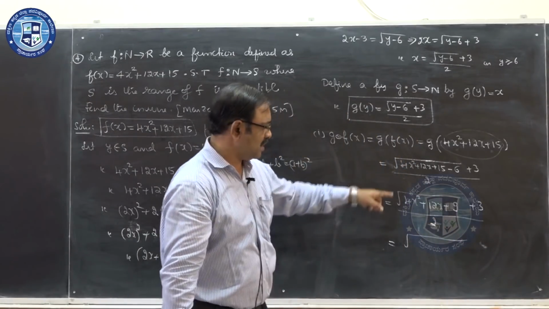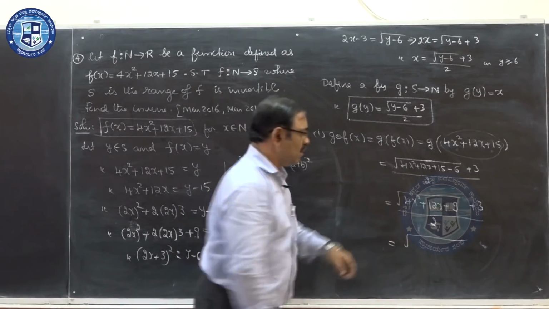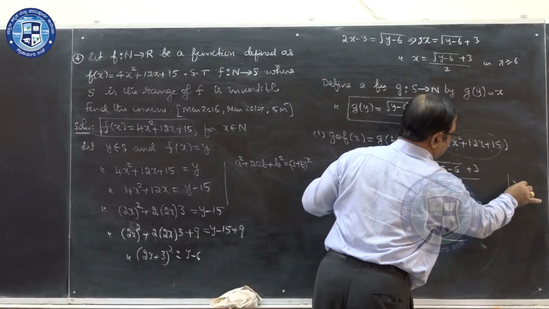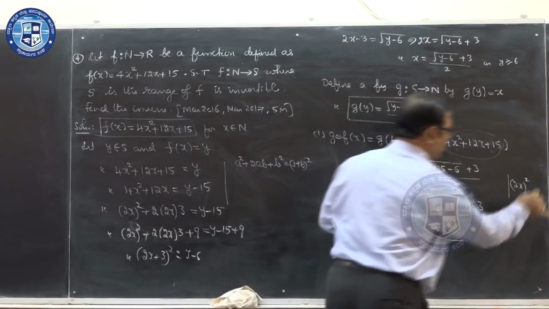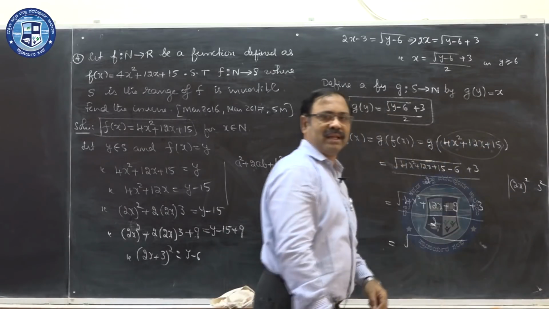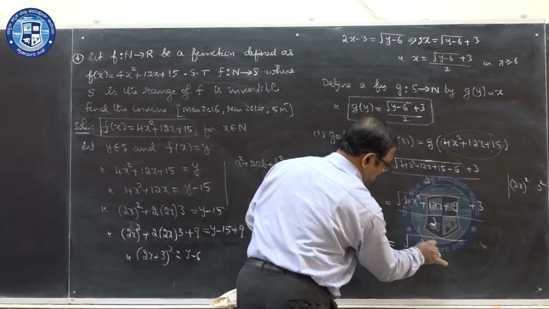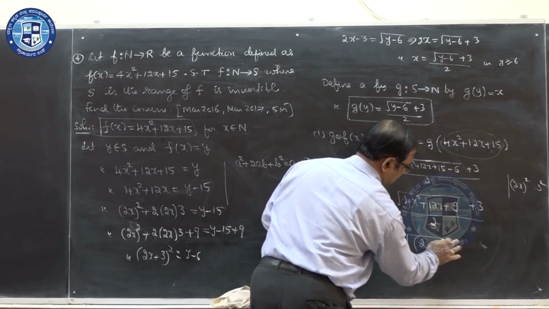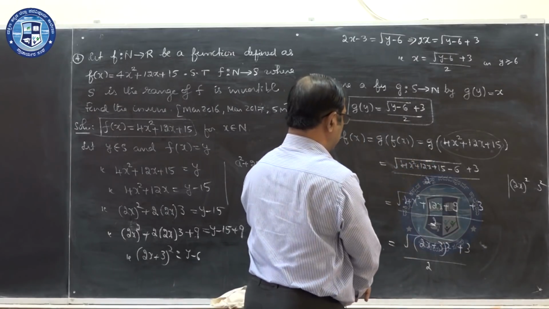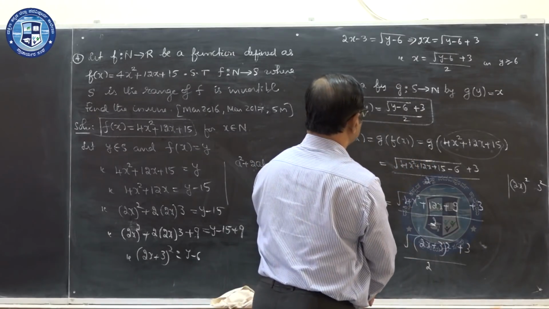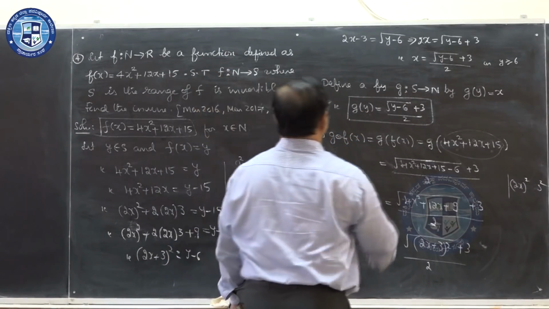Now look at this expression. This is 4x square, so 4x square means it is 2x the whole square. Then this is 9. This is 3 square. Therefore, this total expression is 2x plus 3 the whole square. Oh, sorry, here I have made a mistake.